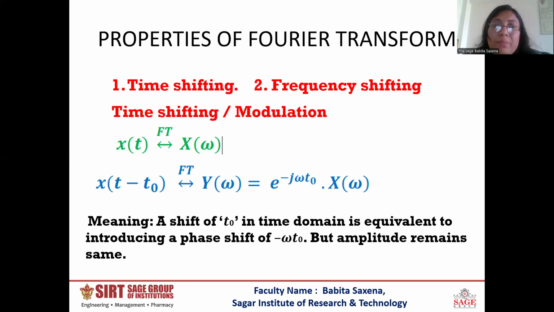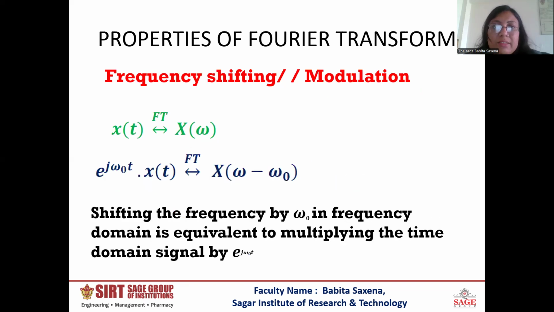It means a shift of t0 in the time domain is equivalent to introducing a phase shift of minus omega t0, but the amplitude remains the same. The frequency domain signal is multiplied by e raised to the power minus j omega t0. You have to remember this property as it is.